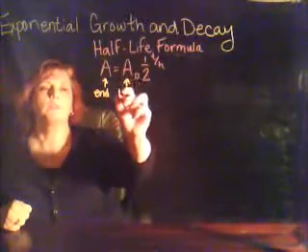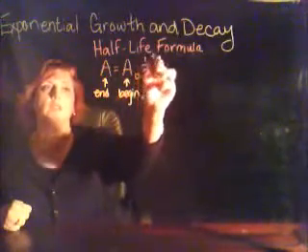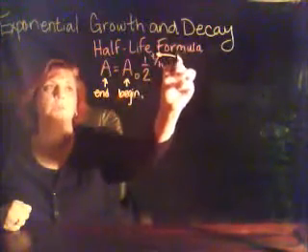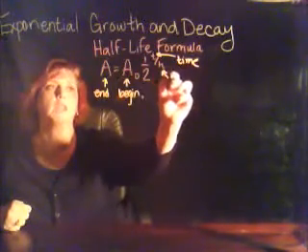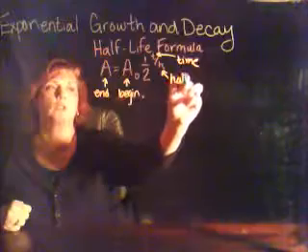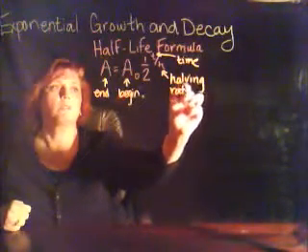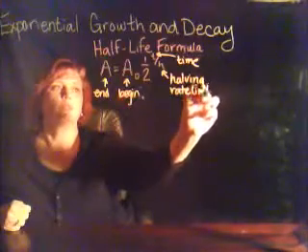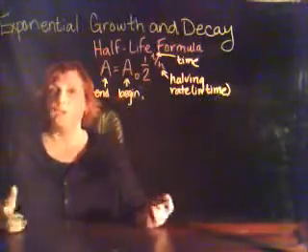A sub 0 is my beginning. This is my half-life, this is my elapsed time, and this is my halving rate measured in time. And we'll do an example with that one as well.